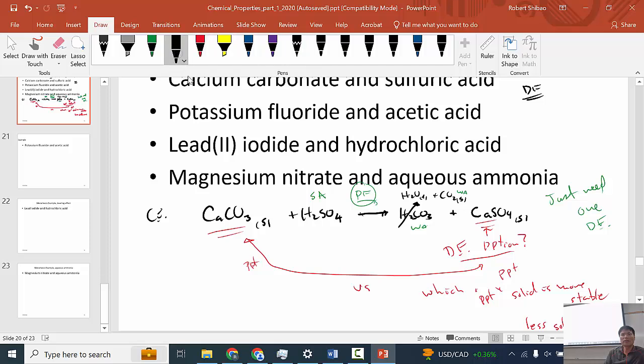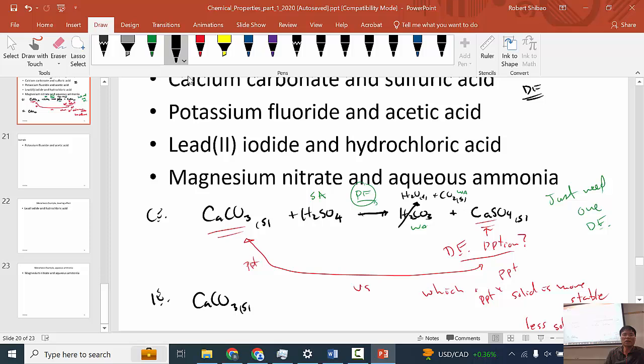When you go to the ionic equation, you only ionize the strong electrolytes. Is calcium carbonate a strong acid? No. Is calcium carbonate a strong base? No. Is calcium carbonate a soluble salt? No. So leave it alone. Do not ionize.